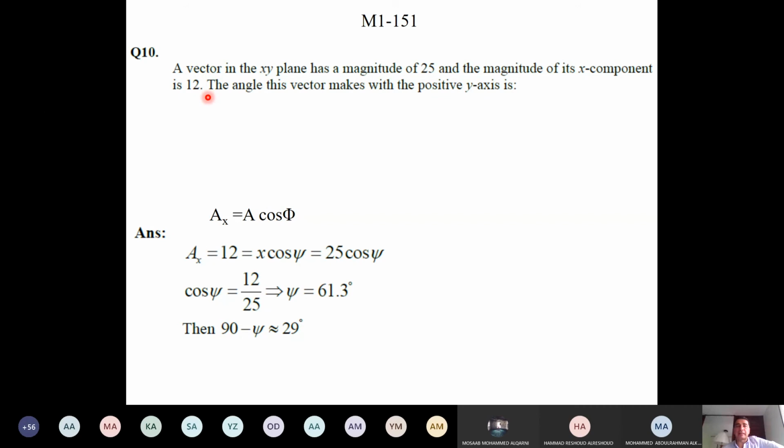That's what they are giving us. The x component is equal to 12, and the magnitude is 25. So you put 25 right there, equal to cosine psi. Okay, this is psi and this is pi, but you can stick with one name. And then you are looking to determine this angle, like the cosine inverse. That's what you used to do.